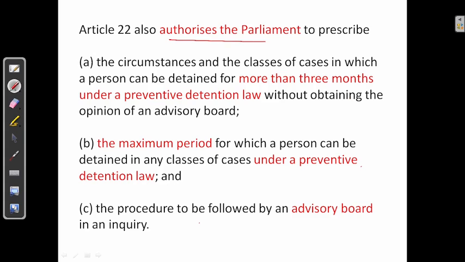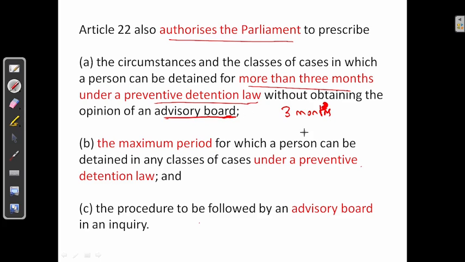Article 22 also authorizes Parliament to prescribe the circumstances and classes of cases in which a person can be detained for more than 3 months under the preventive detention law without obtaining the opinion of the advisory board. Earlier we saw that a person detained under preventive detention law will not be held more than 3 months, but can be held longer if the advisory board decides.